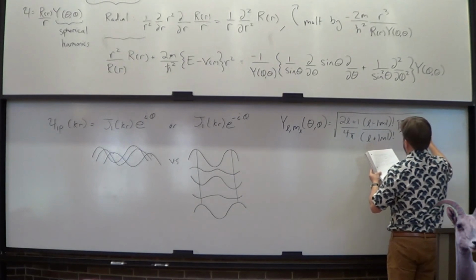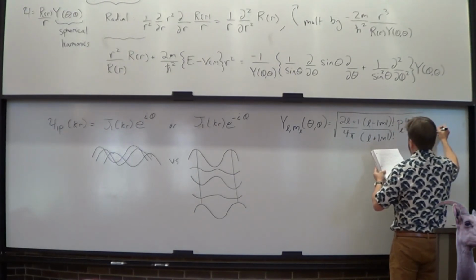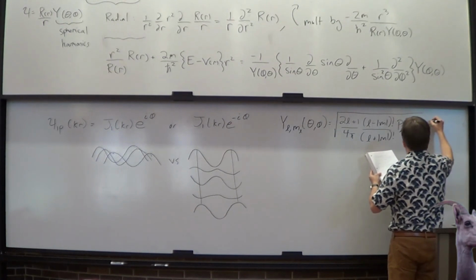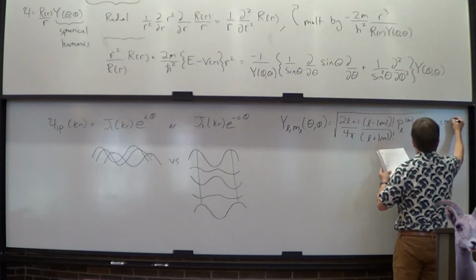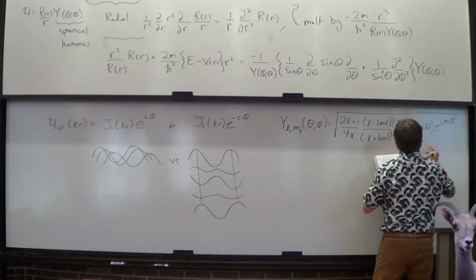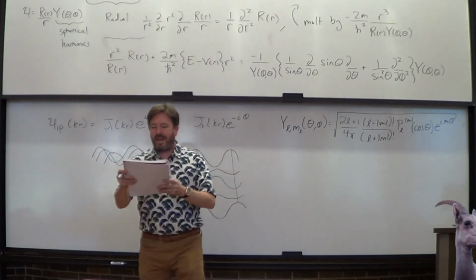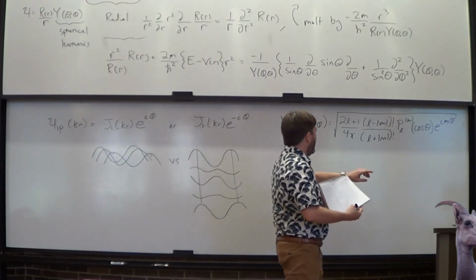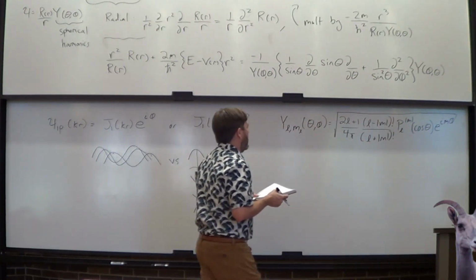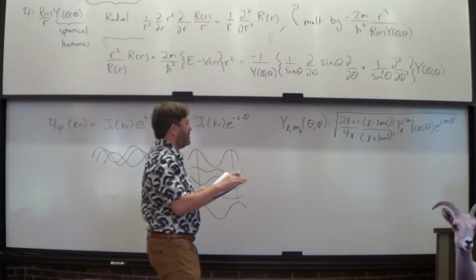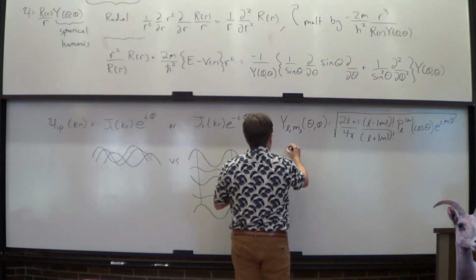Actually, I have to double check my notes. I think the Legendre polynomial has the argument of cosine, but I have to check my notes. The argument is cosine going into the Legendre polynomial. Again, they solved this in 1783, but it ends up being kind of stupid.